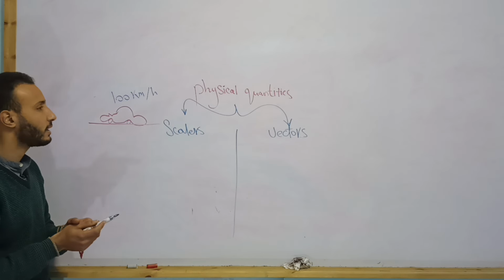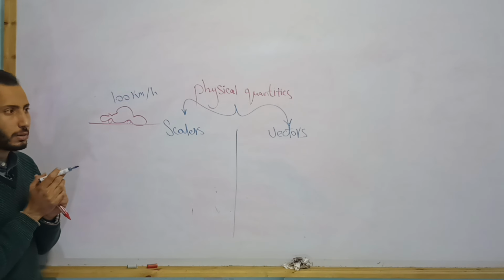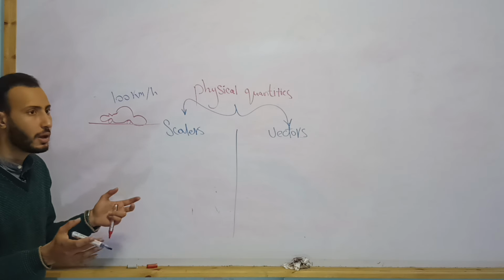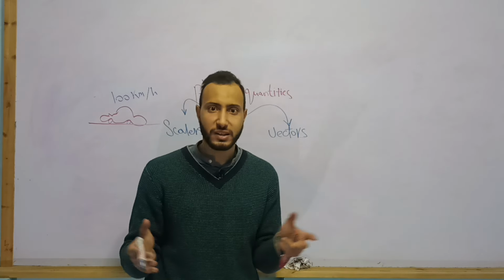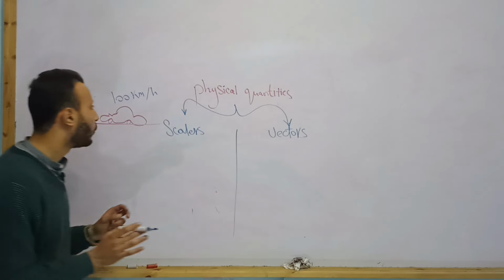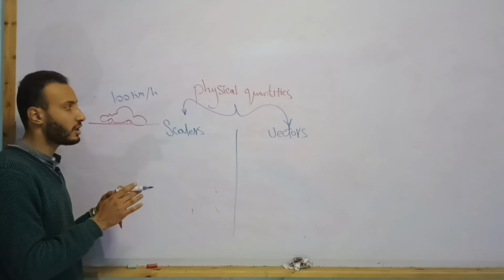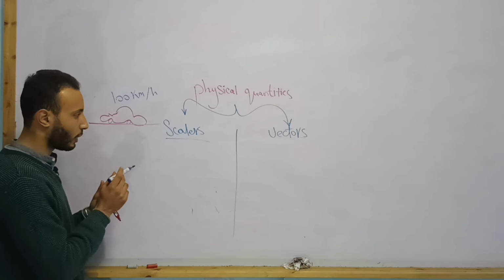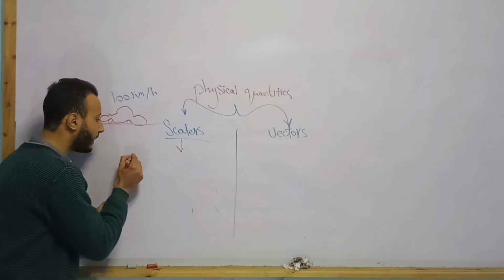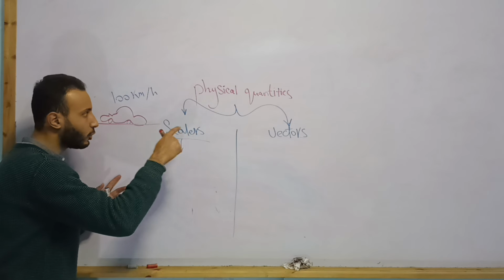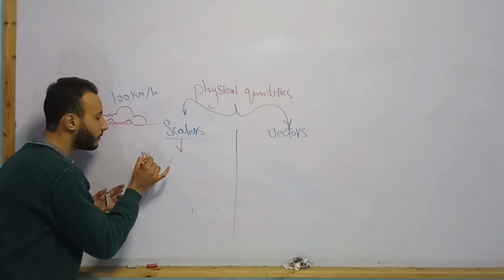Or if you would like to say the distance that this car covered is about 100 meters, but you didn't say in which direction. Is it in the north, in the south? Where is the direction? Okay, so whenever you don't mention the direction, this one is a scalar. Okay, so a scalar only needs magnitude. In order to describe this physical quantity, you need to mention only the magnitude.